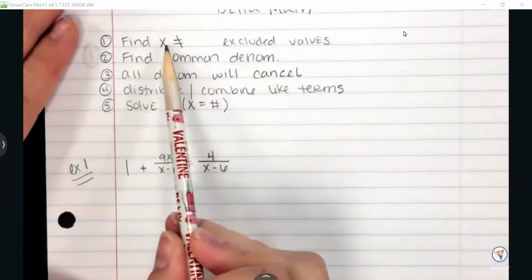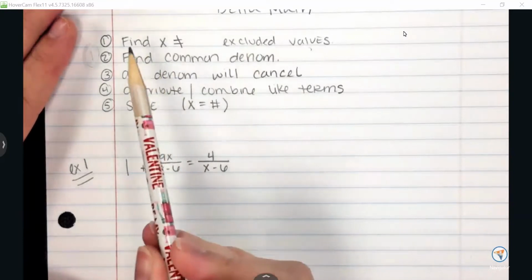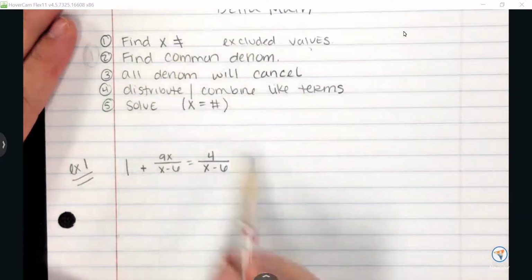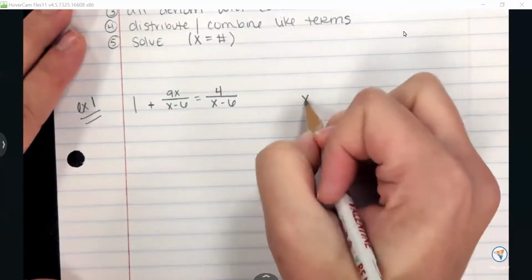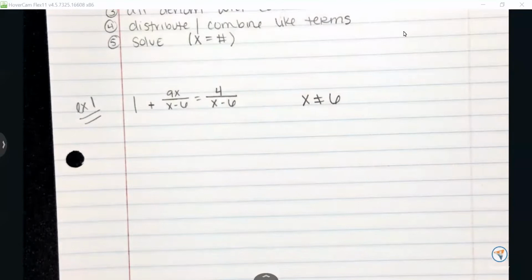So the first thing I'm going to do is find my excluded values. What can x not equal? So looking at this problem down here, what do I know x cannot equal? X cannot equal 6. So x cannot equal 6. And I'm going to kind of keep that in the back of my mind when I get my final answer.